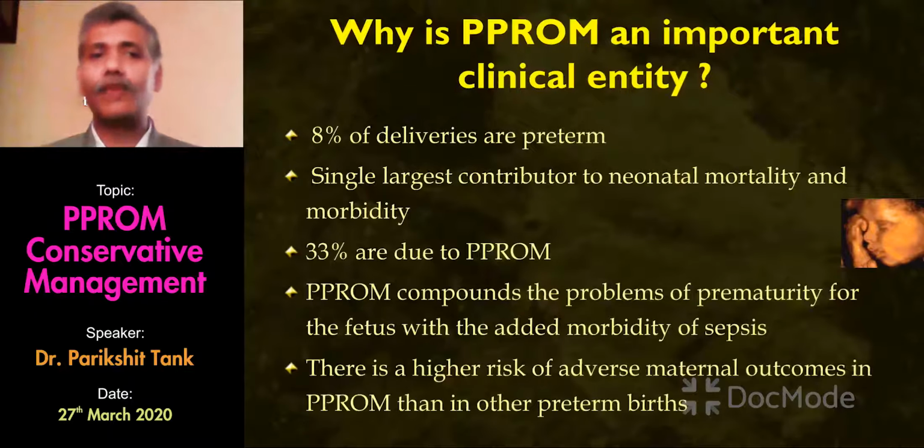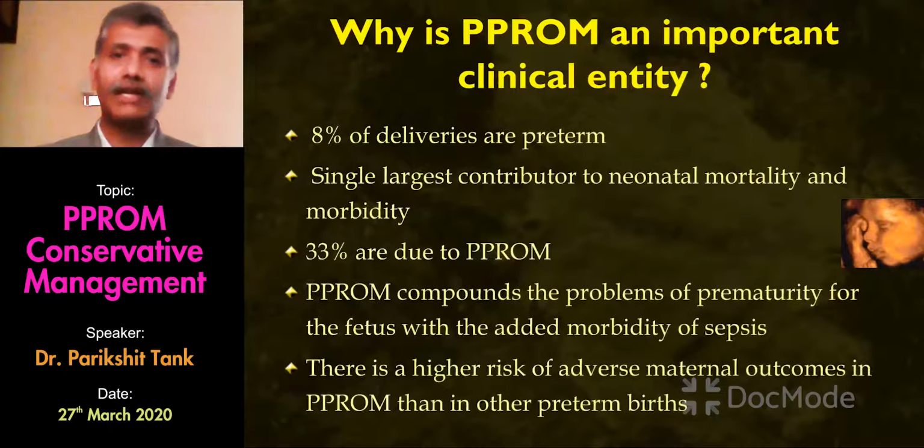PPROM compounds the problems of prematurity to the fetus with the added morbidity of sepsis. There is also a higher risk of adverse maternal outcomes in PPROM than in other preterm births. So this makes PPROM an important clinical entity that we have to focus on a little more closely.